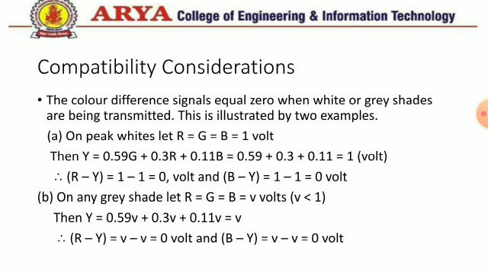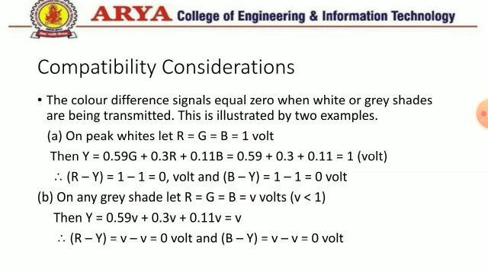In case B, let us assume R is equal to G is equal to B is equal to V, which is less than 1. Then when the value of V is put in the Y signal, we get the luminance signal equal to V volt, and the color difference R minus Y is 0 volt, and the color difference B minus Y is 0 volt.